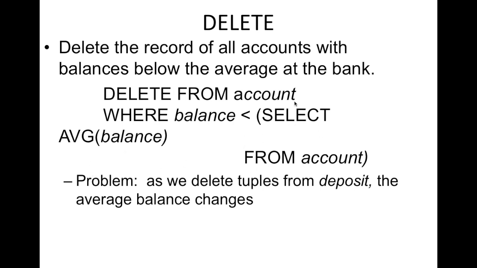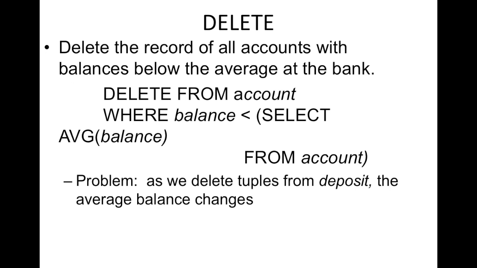This is possible in SQL. We can write it like this, but there would be a problem. As we delete tuples from deposit, as we go on deleting, the average balance will change, and therefore we will have some invalid queries, invalid deletes.